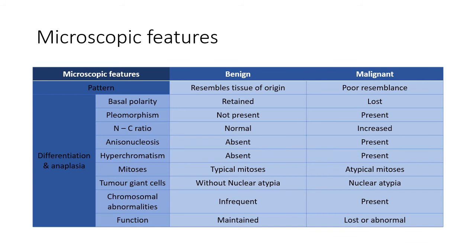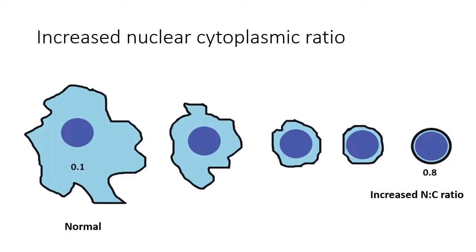The third feature we see in an anaplastic cell is increased nuclear cytoplasmic ratio. Nuclear cytoplasmic ratio is the ratio of nucleus to the cytoplasm. Usually in a normal cell it is 1:5, that is, one size nucleus to 5 times cytoplasm. But in an anaplastic cell or malignant tumor cell, the nuclear cytoplasmic ratio is increased.